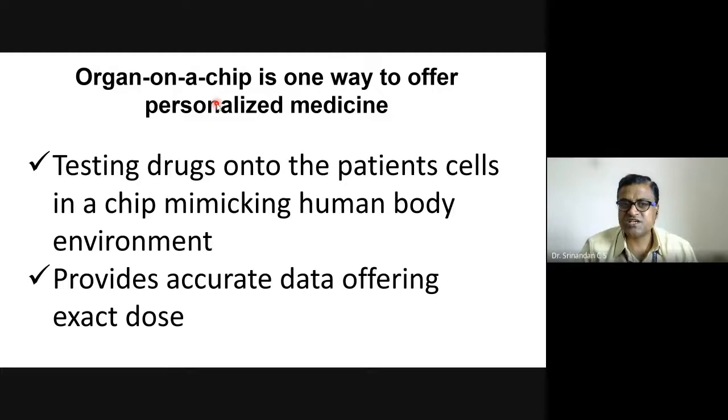For example, you can test drugs on the patient's own cells on the chip, and it will also give accurate data and even the dosing for the patient. Okay. So how can you do this?